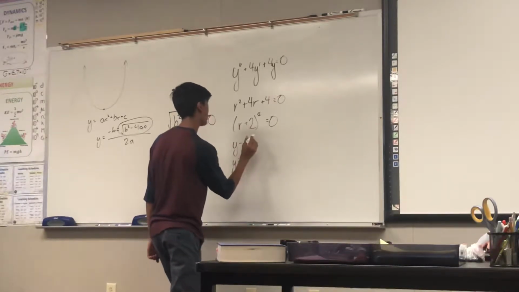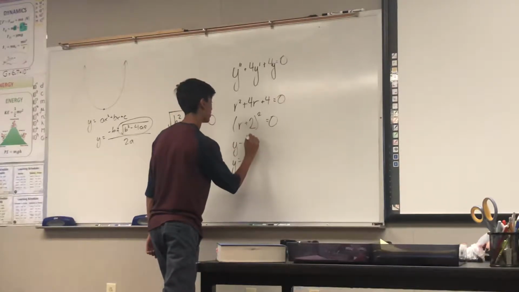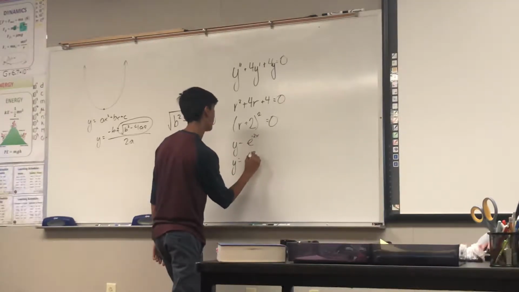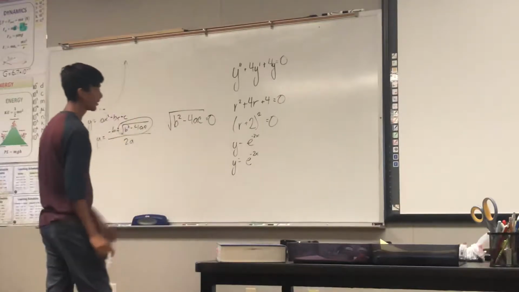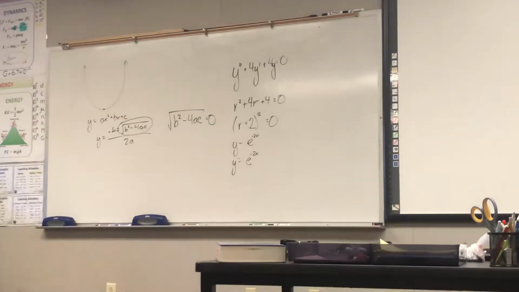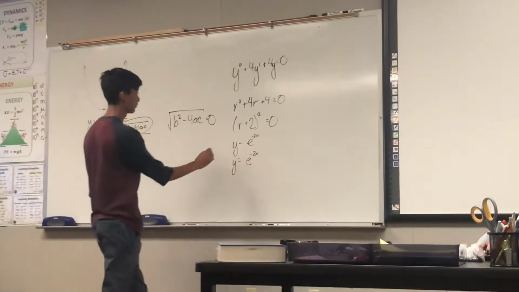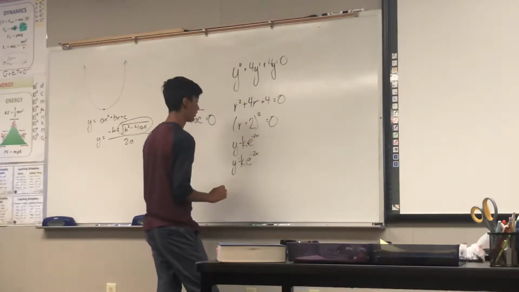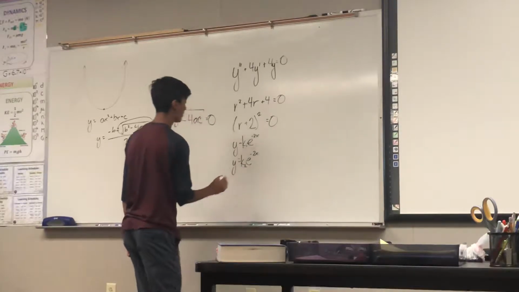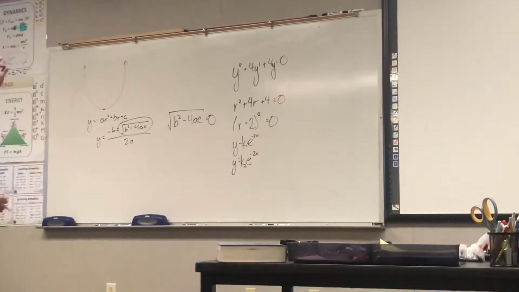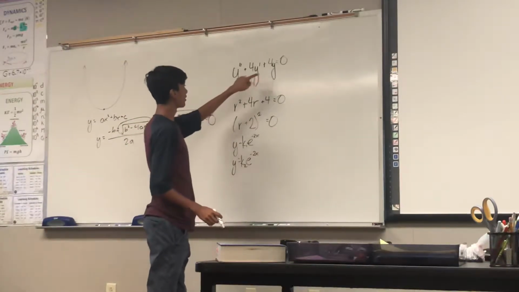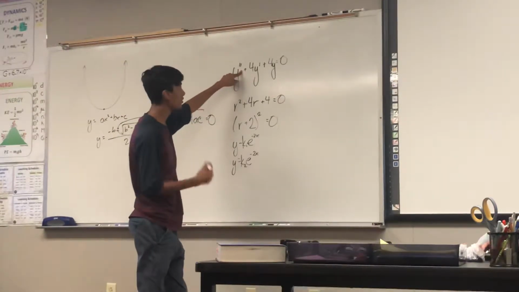Y is equal to e to the -2x, and then, wait a minute. You have 2 of the same solution. But then, could you use the superposition thing and add them up? You could. But it's still the K1 thing and K2. With these differential equations, the highest degree is how many solutions you have.